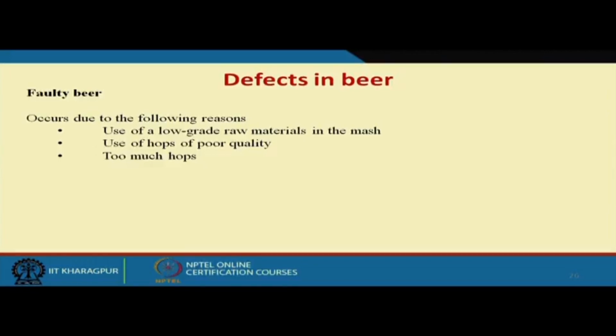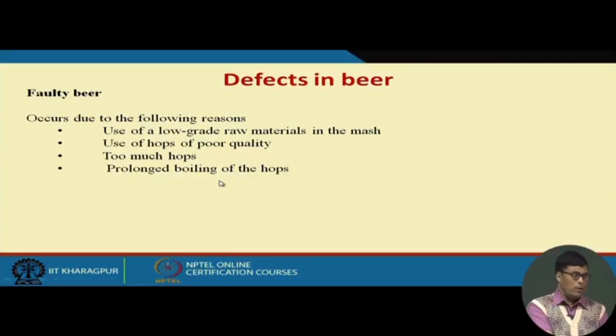Then we have hops of poor quality, which also gives poor quality beer. Too much hops gives too much bitterness in the beer. And prolonged boiling with hops, if you heat the beer for a longer period of time, also causes some defects in the beer.